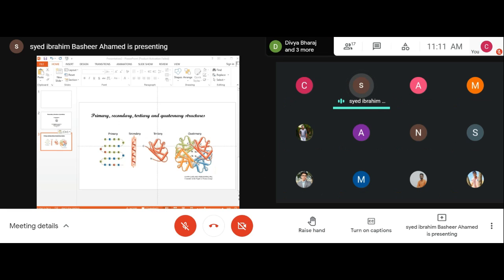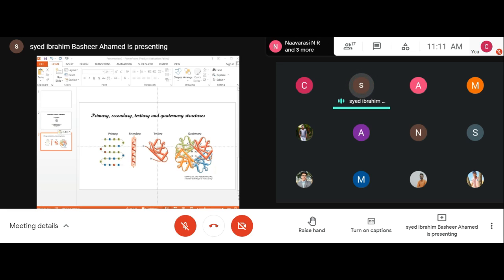Glycine, I think there is no side chain at all. Sir, alanine. Alanine, valine, leucine and isoleucine. Very good. So not glycine. Alanine, valine, leucine, isoleucine, you have the hydrophobic side chains.